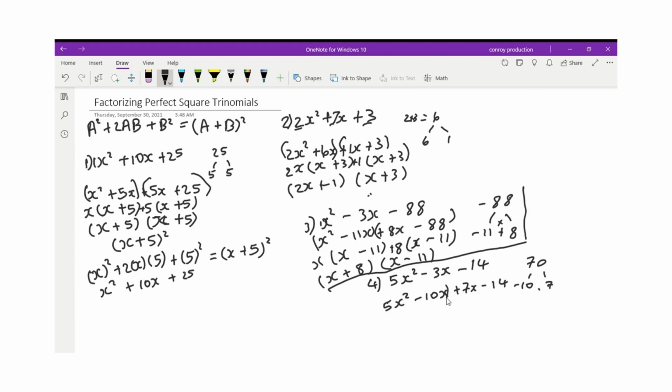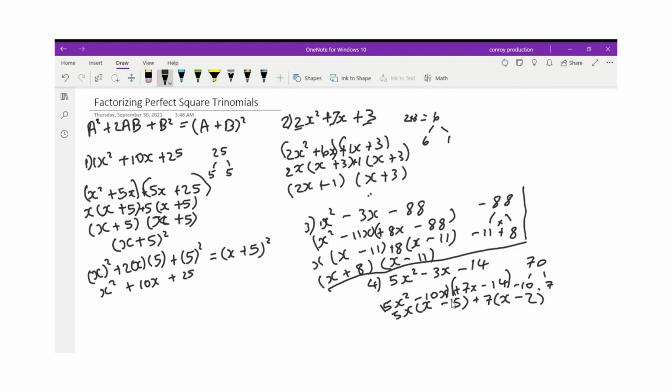We will group. I can factor out a 5x of x minus 2, plus factor out a 7 of x minus 2, 7 times x is 7x, and 7 times 2 is 14.